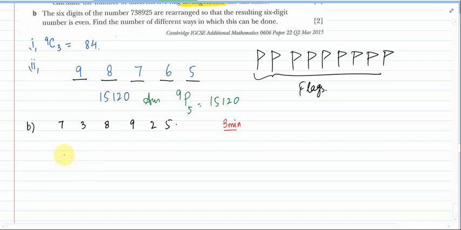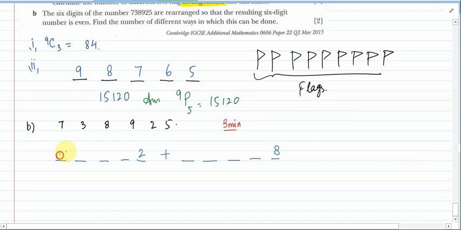Alright, so the even numbers I have are 2 even numbers, 2 and 8. So I will arrange them in a row: 1, 2, 3, 4, 5 plus 1, 2, 3, 4, 5. Either at the end we are getting a 2 or we are getting an 8, right? What about the rest of the numbers? There is no other condition defined, that the number should be greater than or lesser than, etc. There is no condition defined.